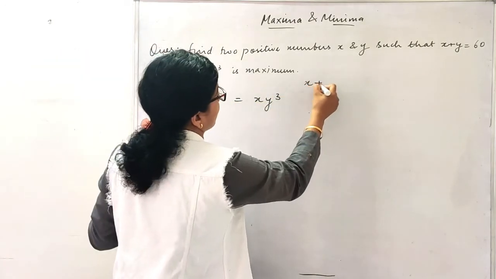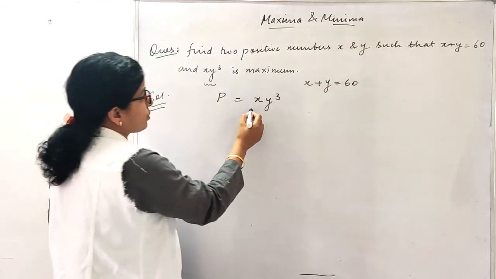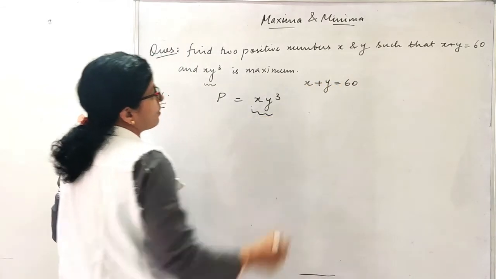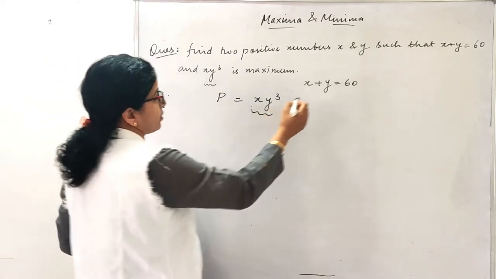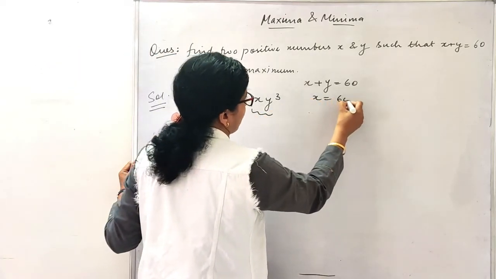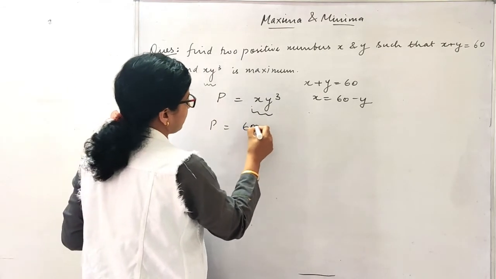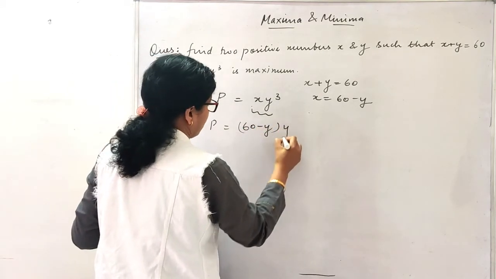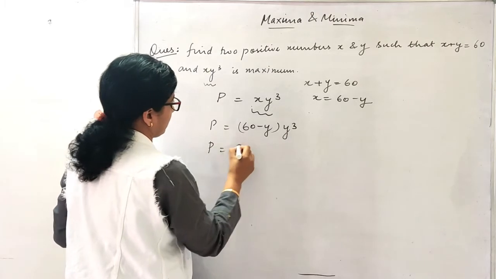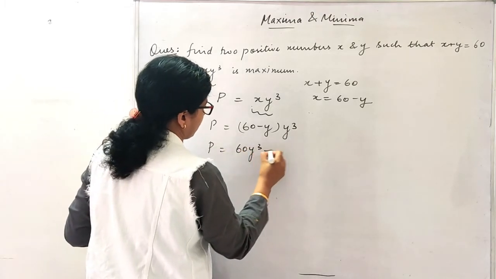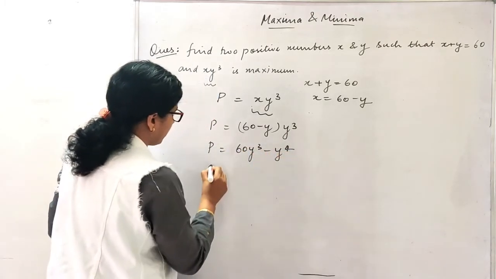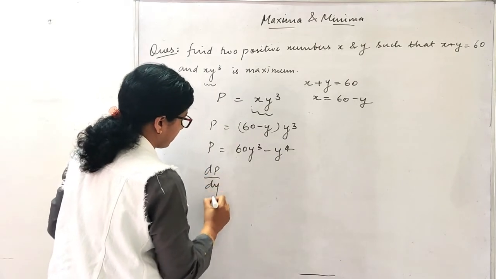Another relation we have been provided, so I am going to convert this into one variable, right? So I will find the value of x from here and substitute in this P. Now dP/dy.